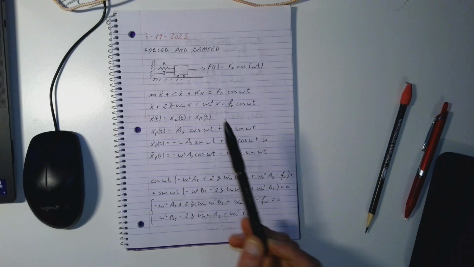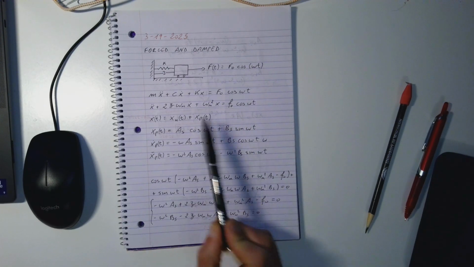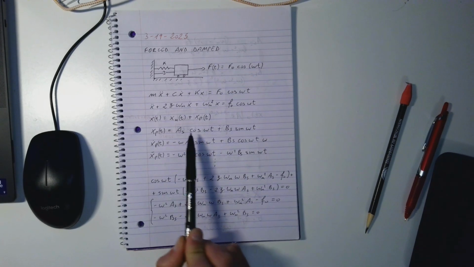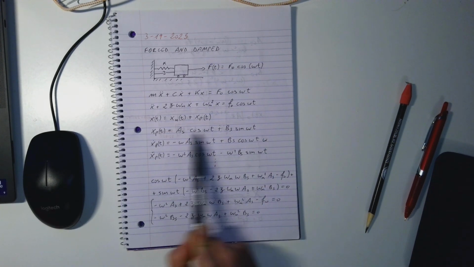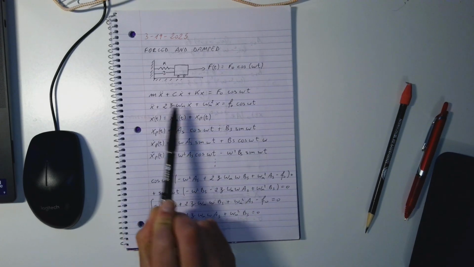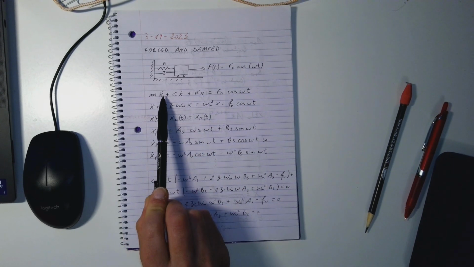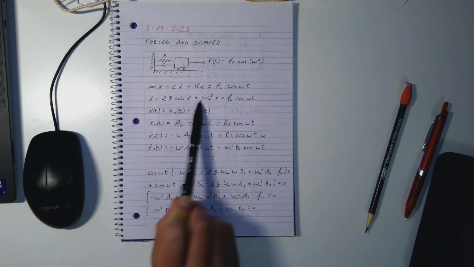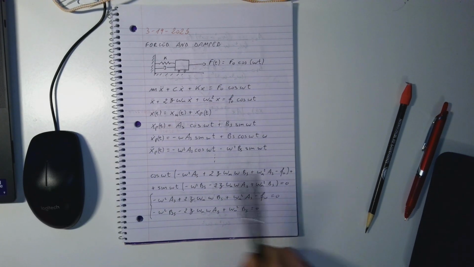Again, this is something that is solved with trial and error, so we know that the general form of the particular solution looks like this. Once we know this one, we can derive the first time, derive the second time, then we plug here, here, and here, and then once we plug, we can do a little bit of simplification.